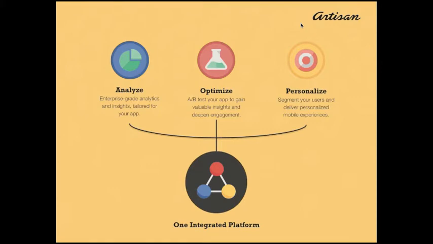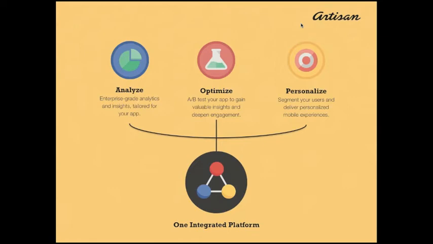The second main area of Personalize is what we refer to as instant publishing. And for those new to Artisan, one of the key things that we enable our customers to do is to make rapid changes to your app without having to write code or without having to resubmit to an app store. And instant publishing is really the most fundamental example of that.